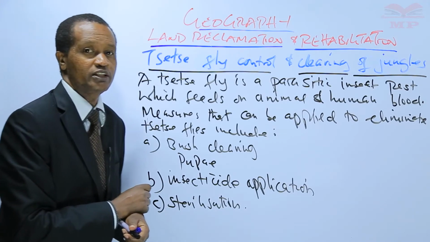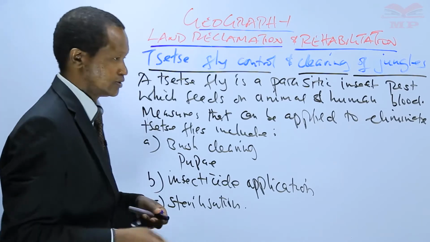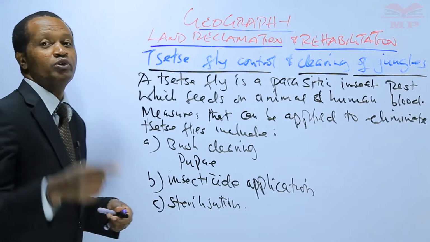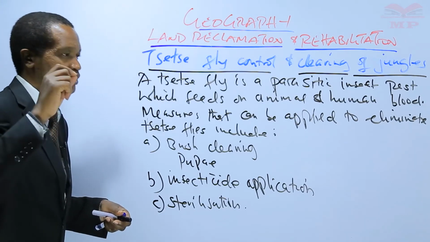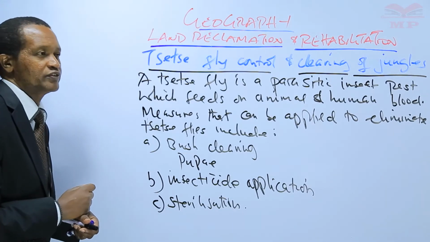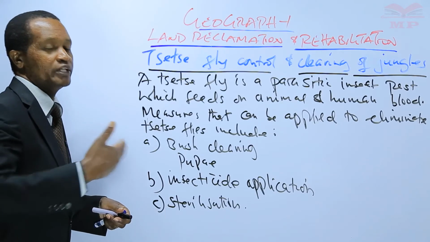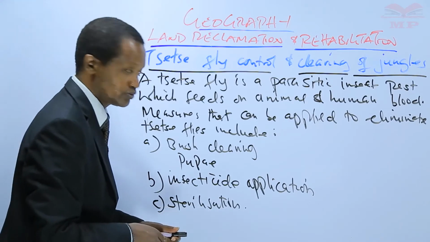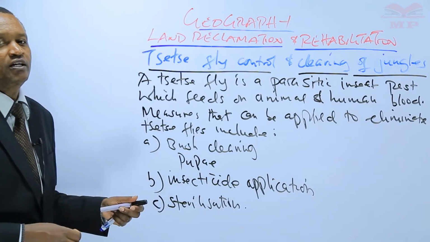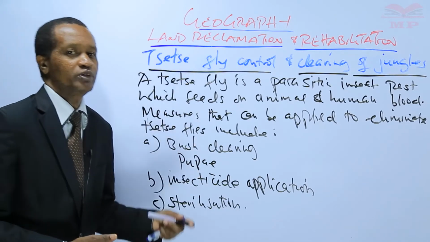It's interesting but important to note that a female tsetse fly mates only once in her lifetime, but the sperms are used for the rest of her life. So sterilization, learners, is the introduction of sterility in the insect population.